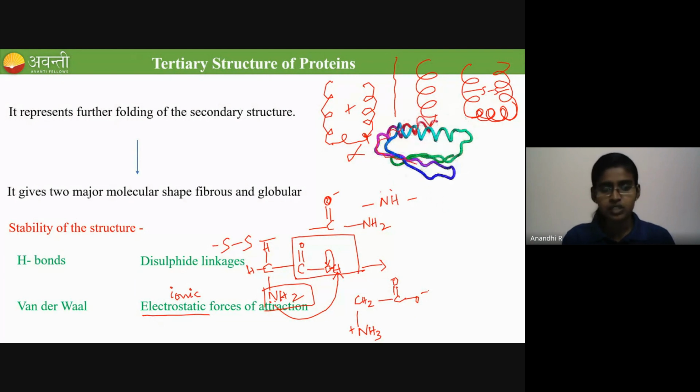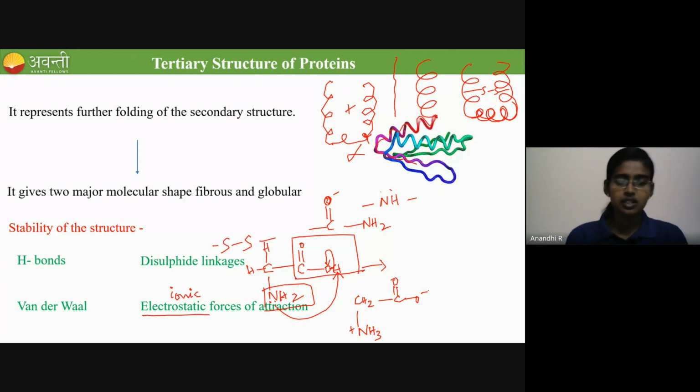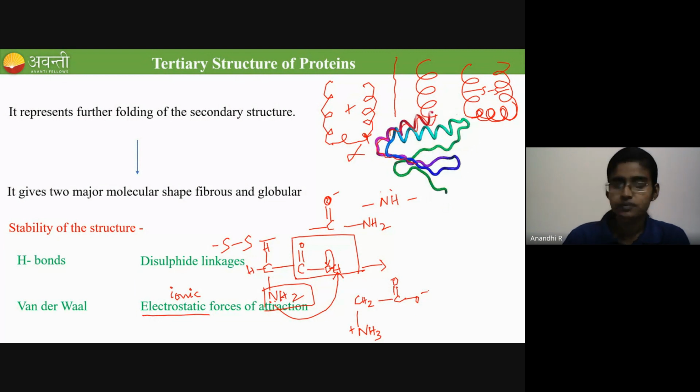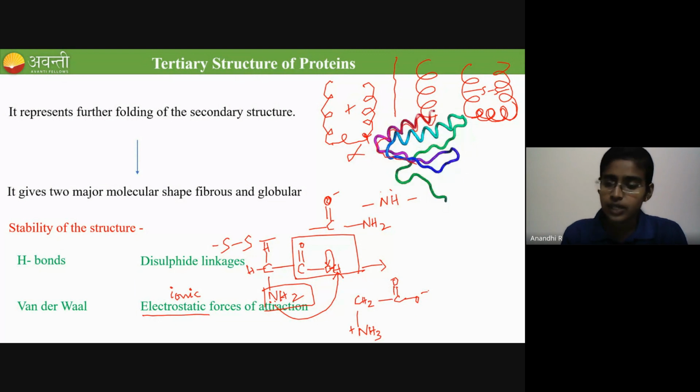Got it? So there are four forces of attraction existing in the tertiary structure: hydrogen bonding, disulfide, van der Waals, and electrostatic forces of attraction. You have to study which type of interaction is present under which structure. Shall I move on to the quaternary structure?